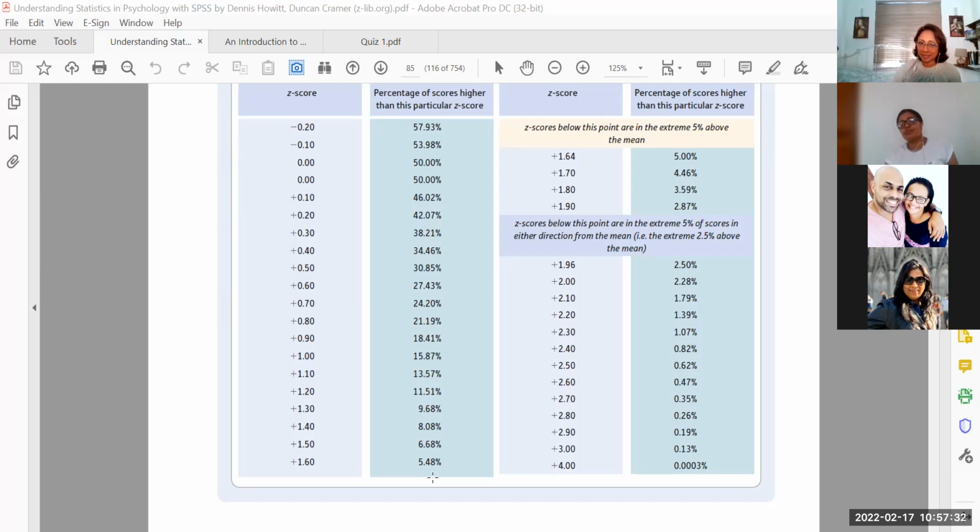Then if only 5.48% is higher than this person who got 1.60, definitely this guy is going to university. Is that correct? He's definitely within the top 8%, no? So you know that if somebody's Z score is 1.6, they already have a place in a university, right?